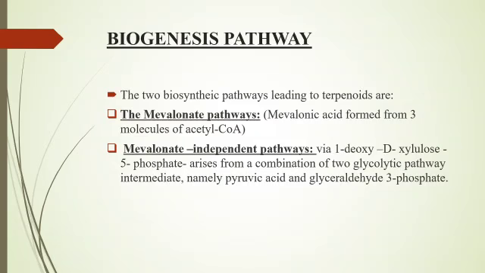Biogenesis pathway. The two biosynthetic pathways leading to terpenoids are the mevalonate pathway, with mevalonic acid from 3 molecules of acetyl-CoA, and the other is the mevalonate independent pathway, via 1-deoxy-D-xylulose 5-phosphate, which arises from a combination of 2 glycolytic pathway intermediates, namely pyruvic acid and glyceraldehyde 3-phosphate.